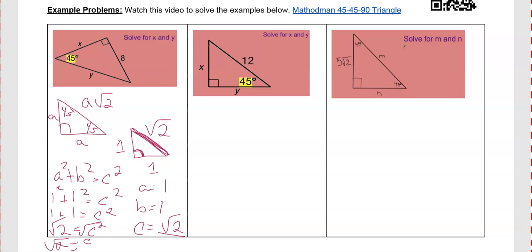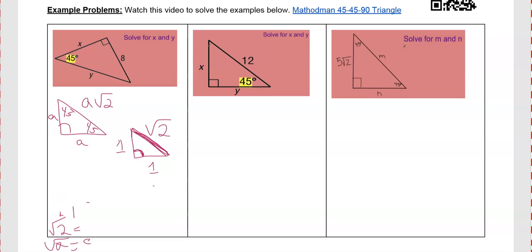It does not matter what the sides are. It's always going to be the side length times the square root of 2. Because in our 1, 1, square root of 2 triangle, it's going to work that way. And if a is 1, then a square root of 2 is just square root of 2.